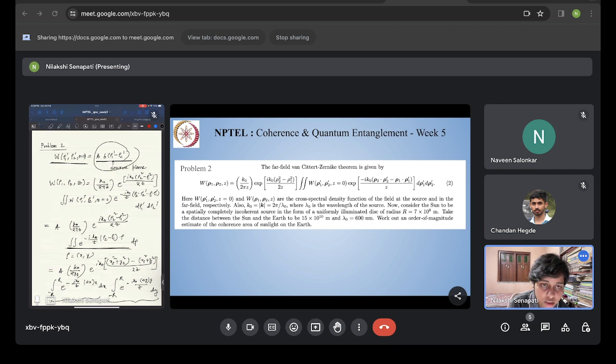the radius of the sun is already provided, and we can approximate this sun as a circular disk of radius r, and the diameter is 2r. So if we consider the center, from center it is minus r to r that we need to integrate in x and in y.